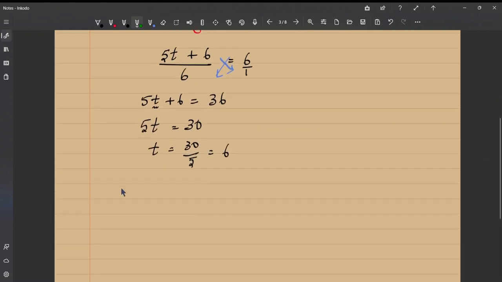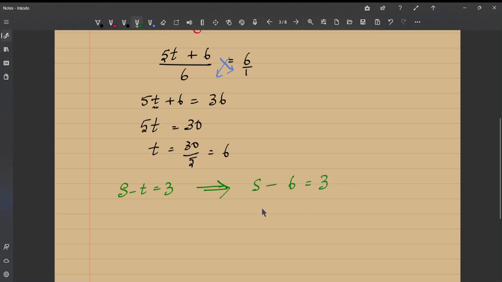So, you may rewrite it as, since t is equal to 6, t is only equal to 6, s is not equal to 6. So s minus 6 is equal to 3.